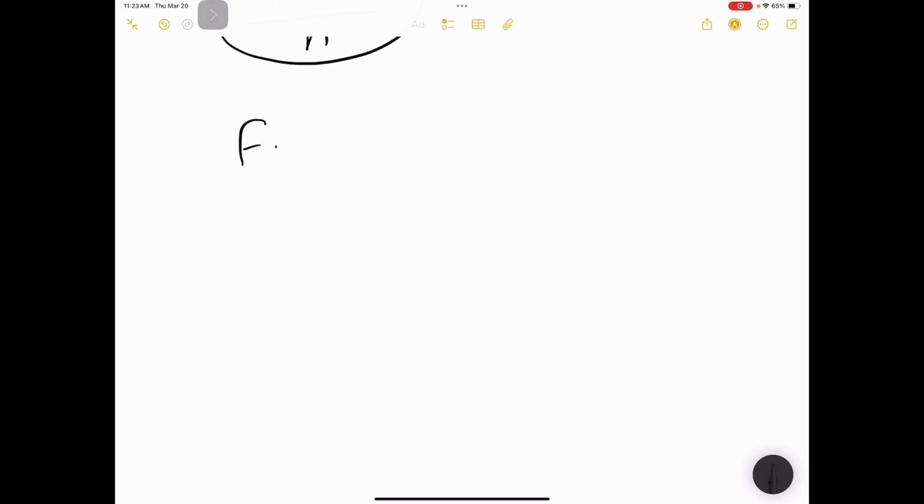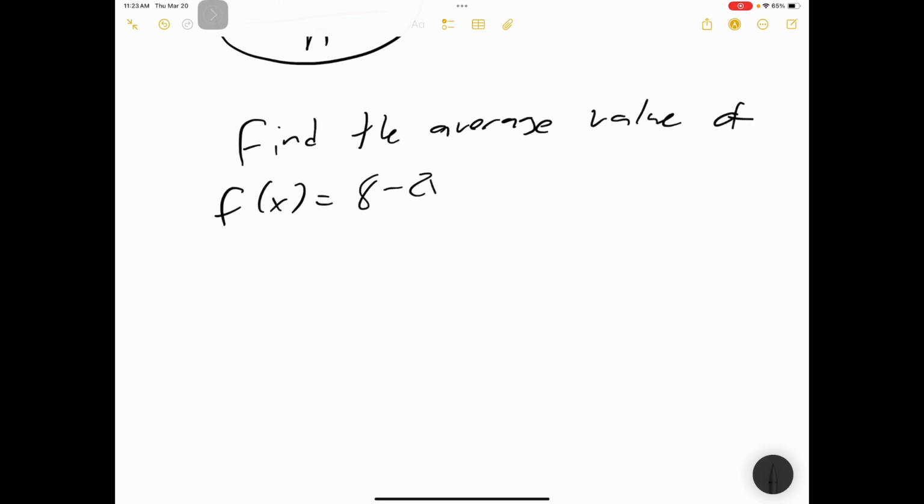Our example is going to be: find the average value of f of x equals 8 minus 2x over the interval 0 to 4.